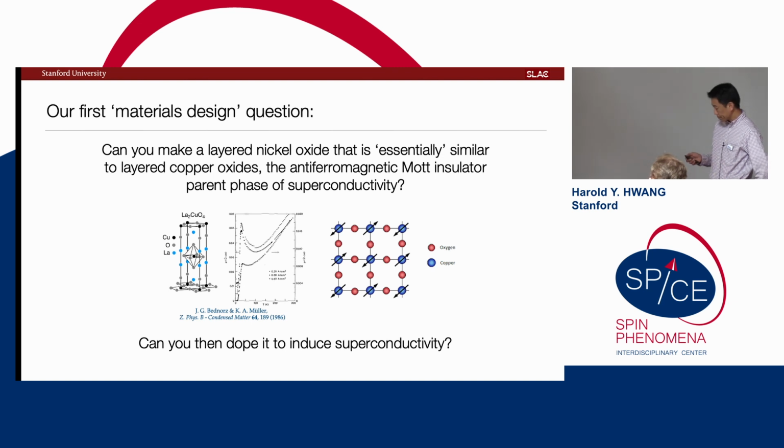And so at least some of the important ingredients are that you're dealing with a quasi-2D system, a spin-1/2 antiferromagnetic lattice that you can chemically dope in various ways. And so can we have this kind of opportunity in different materials families?